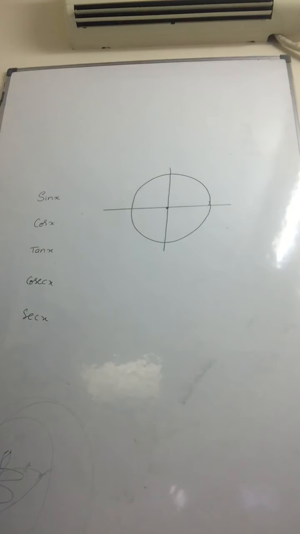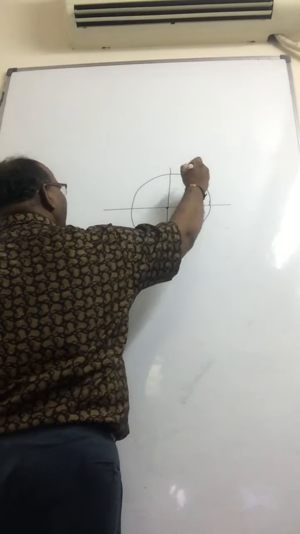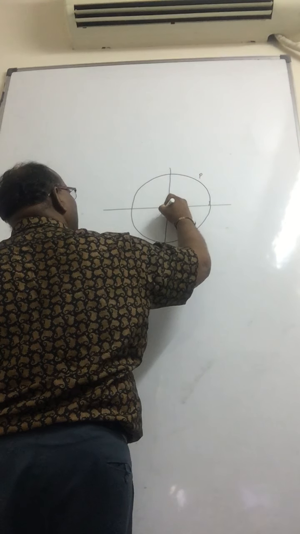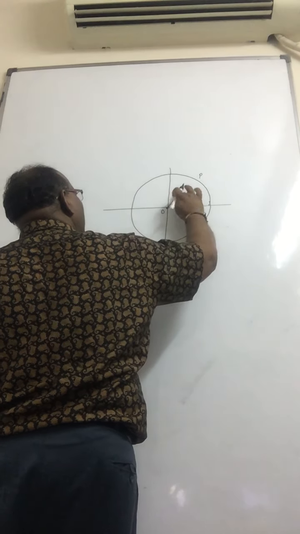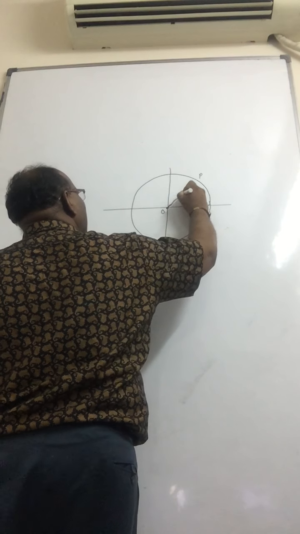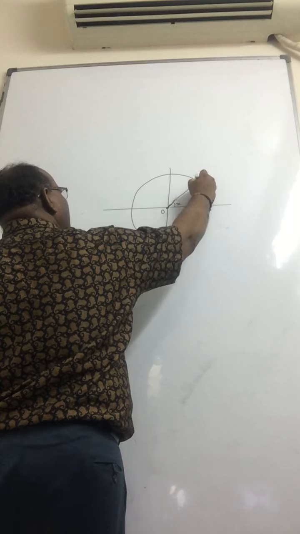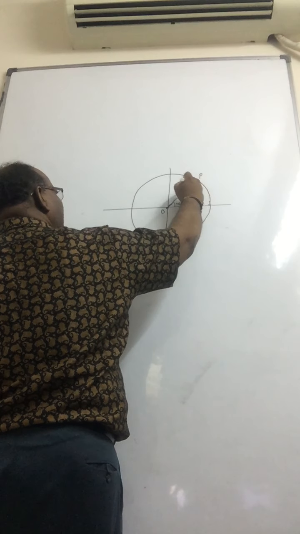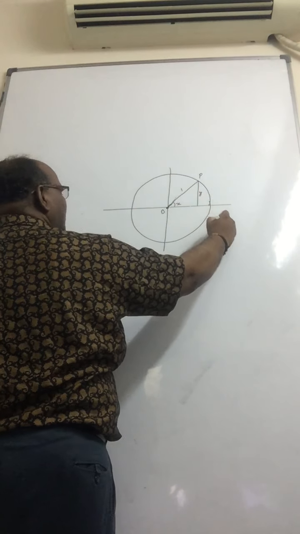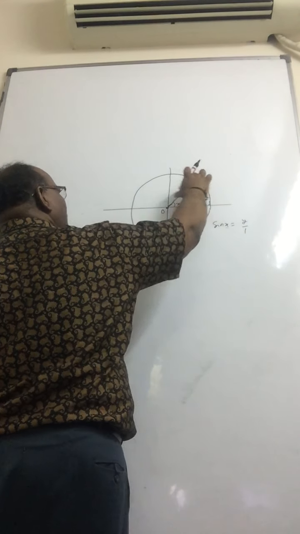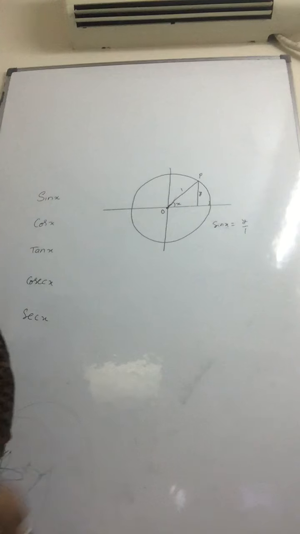How do they define sine of an angle? This is the point P, the line OP makes an angle x. Here y, and this hypotenuse is anyhow 1. So in the first quadrant, no problem. Sin x is opposite by hypotenuse.